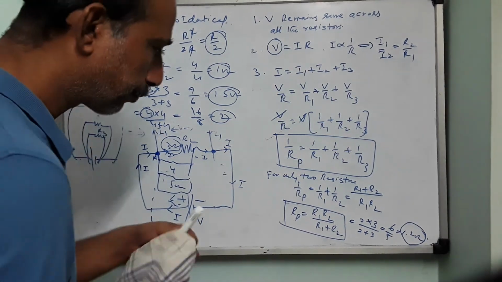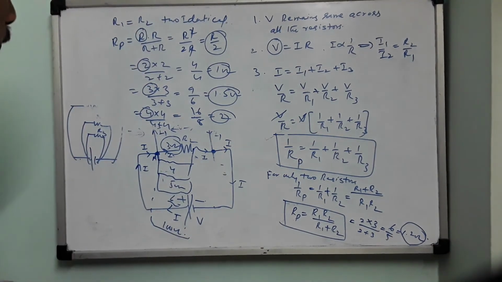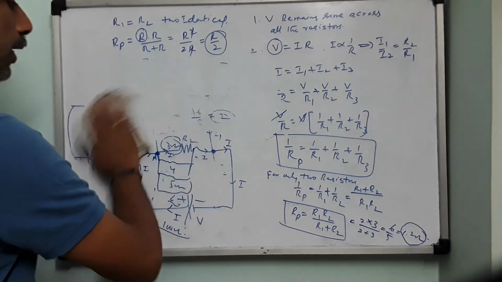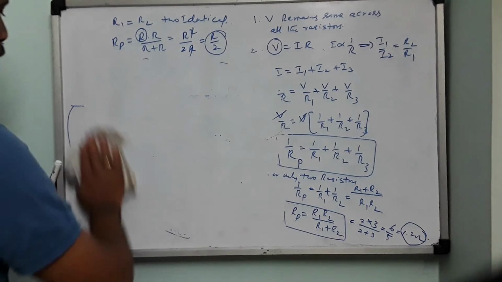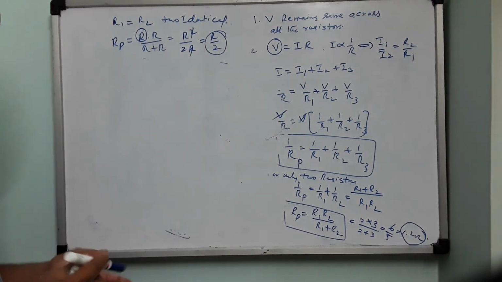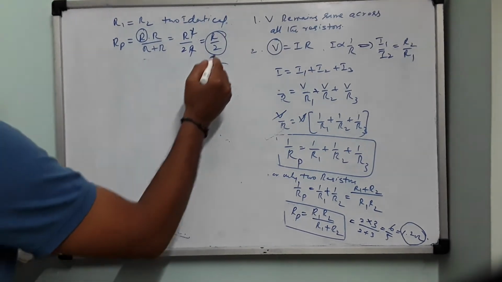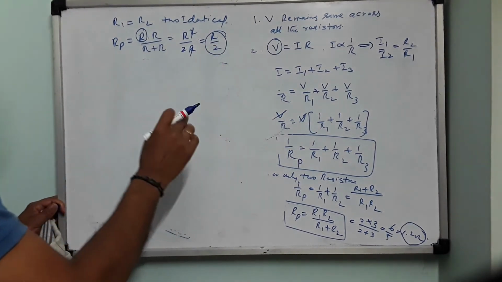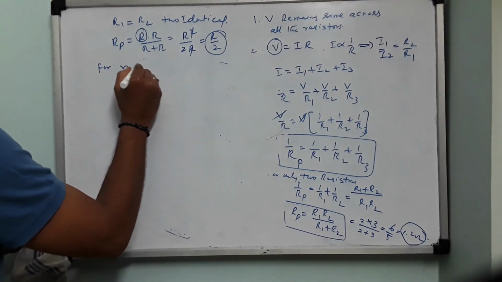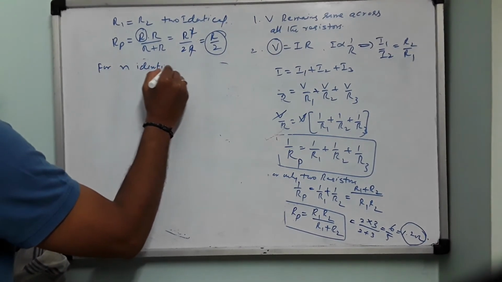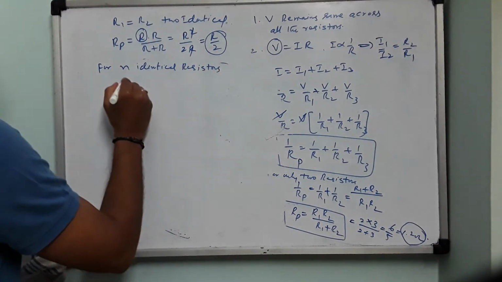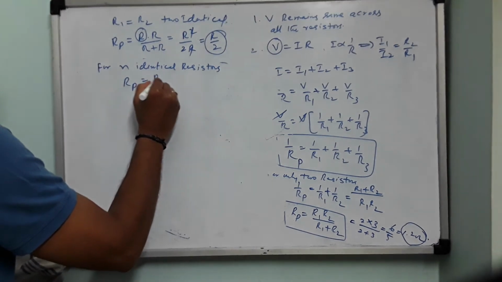Now we are seeing that if there are two identical resistors, the net resistance will be R by 2. If you have 3 identical resistors, it will be R by 3. If you have 4 identical resistors, R by 4. Similarly, for n identical resistors, R parallel equals R divided by n.